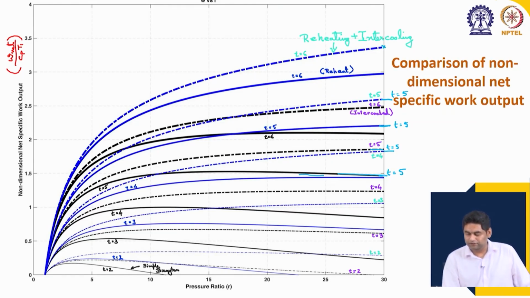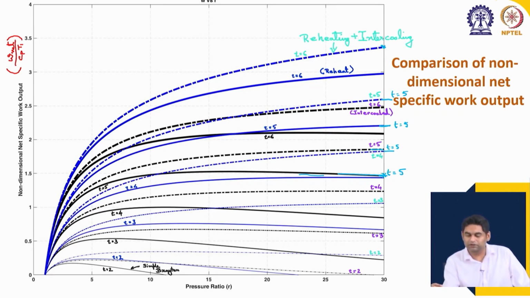You can see that for T equal to 5, the lowest value that we had obtained, which was for simple Brayton, in non-dimensional it is slightly below 1.5, and the best condition it is more than twice, it is just below 3.5. Okay. So, we have increased the work output to a considerable value in non-dimensional term.